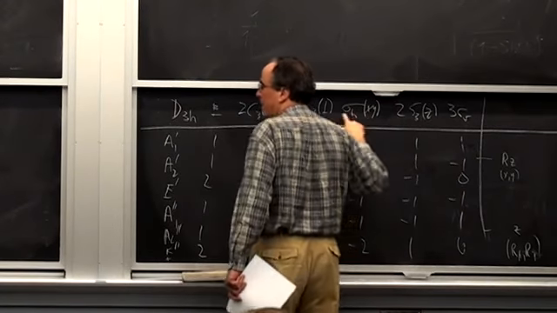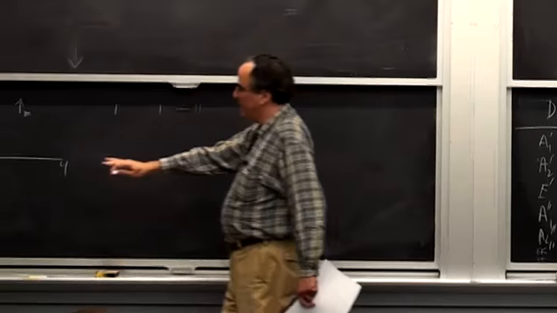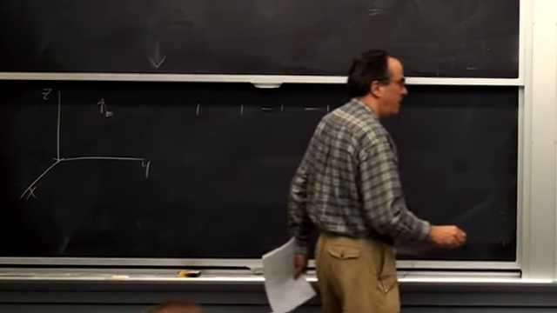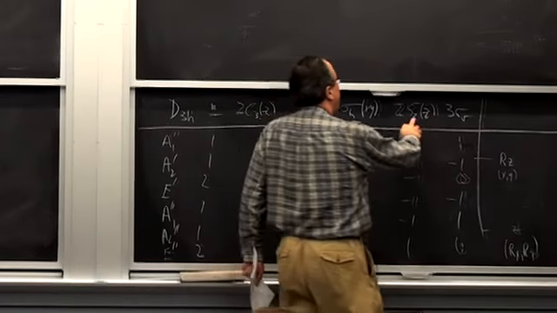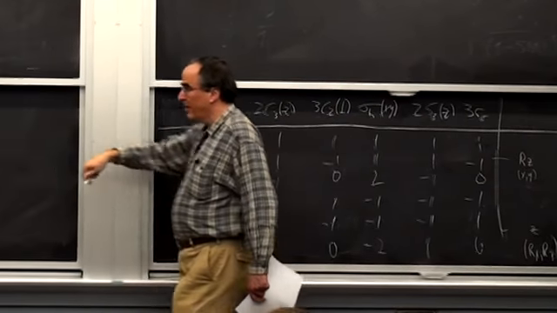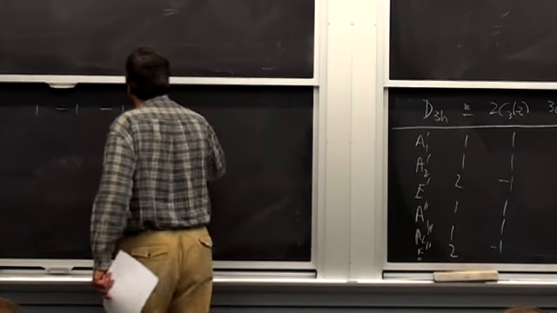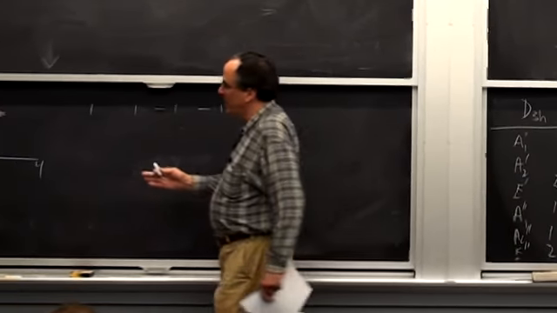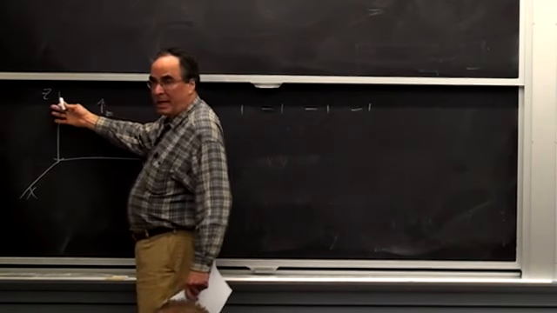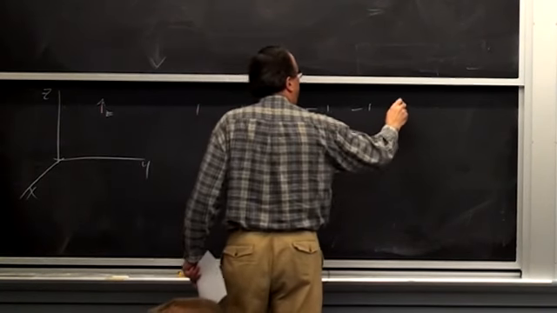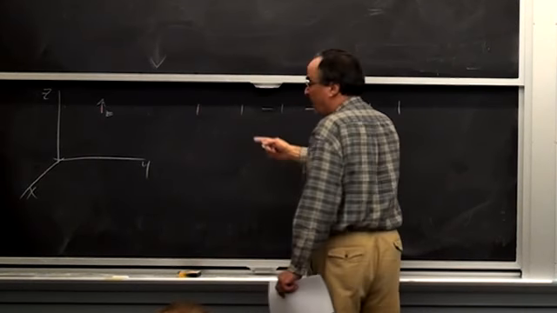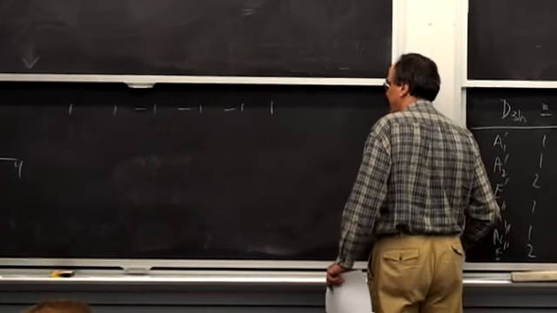Sigma H, well, that's a reflection in this plane. That turns it over, -1. S3, well, that leaves it alone for the rotation part and turns it over for the other part. And sigma V, that's a reflection in a plane containing the z-axis. That leaves it alone. So here are the 6 things that happen to a translation in the z direction.